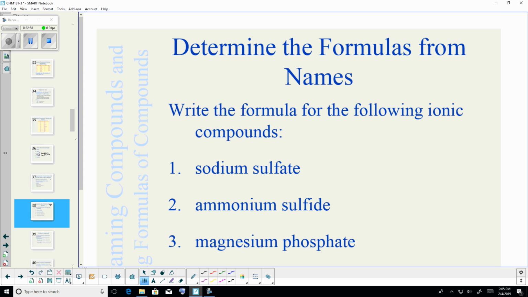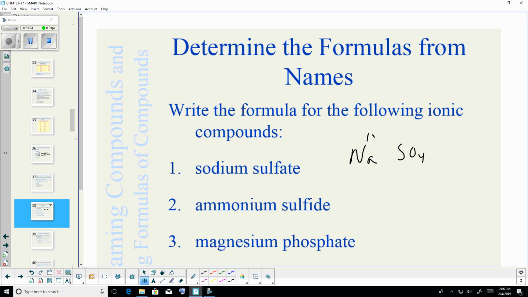Sodium sulfate. So we're dealing with sodium, which is Na. Sulfate is not an element. It's a polyatomic ion, so it is SO4 2 minus.